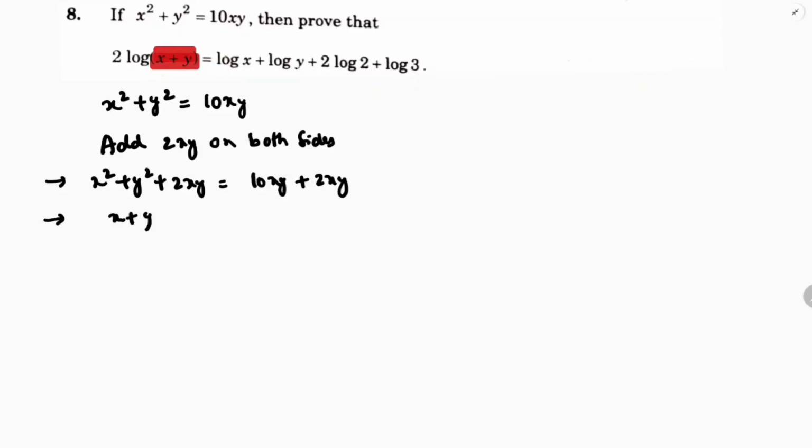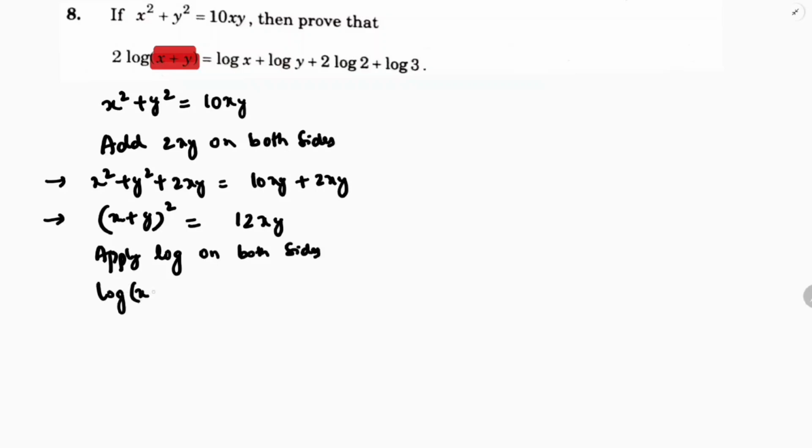So on the left side it is (x plus y) whole square equals 12xy. Now I'll apply logarithm on both sides. So you'll get log of (x plus y) whole square equals log 12xy.